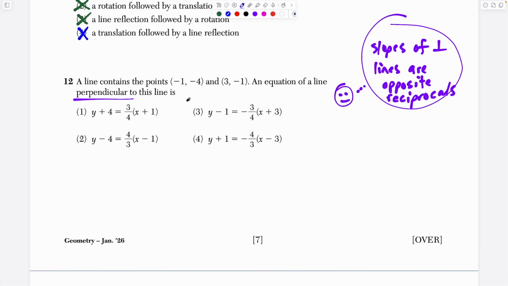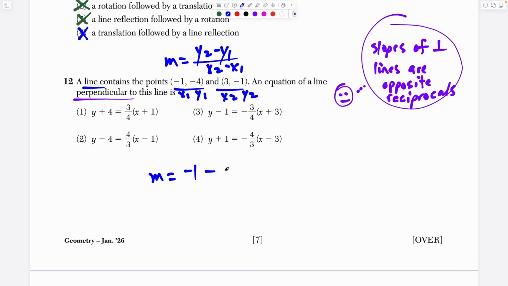So if I don't actually draw this out, I'm just looking at a line that contains these 2 points here. I could find the slope between those 2 points by using the slope formula. Let's say I call this point x1, y1, and this point over here x2, y2. So I do y2, which is -1, minus y1, which is -4, divided by x2, which is 3, minus x1, which is -1.